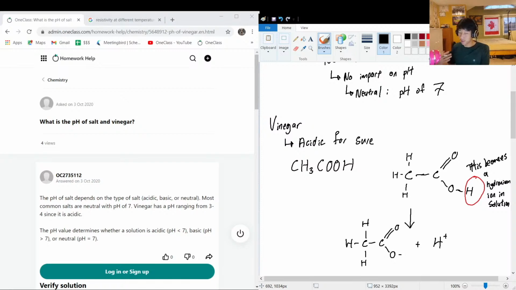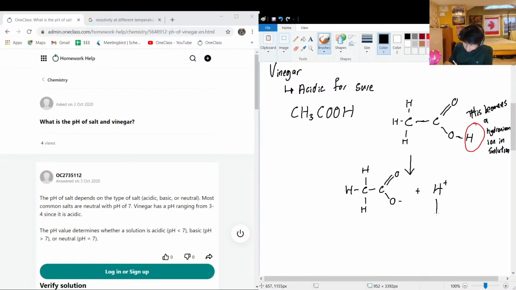But we know that H plus is really hydronium, so it joins in with another water molecule and does this. This is why vinegar, with the hydronium ion that breaks off of it, I'll actually draw out that it becomes hydronium, so that'd be H3O plus, H3O plus, and this is what causes acidity.